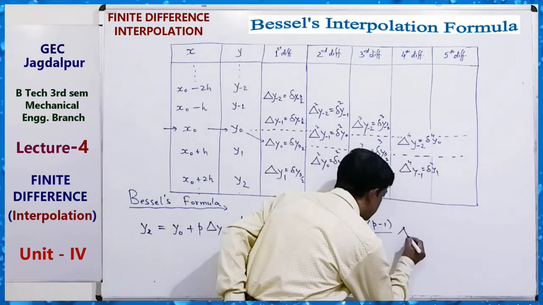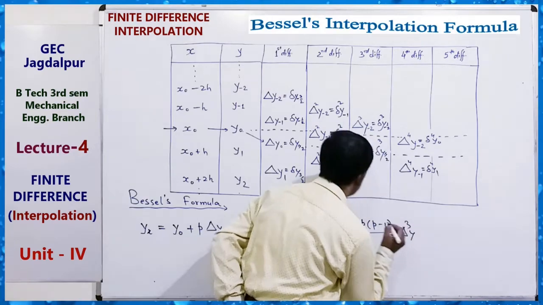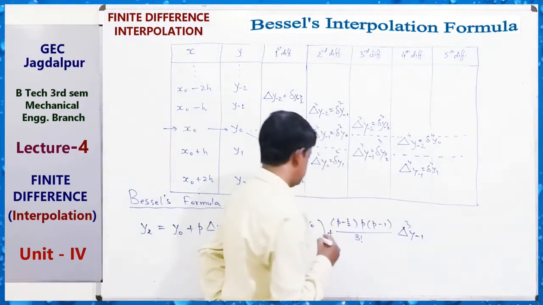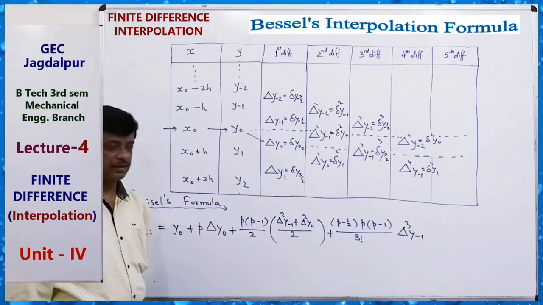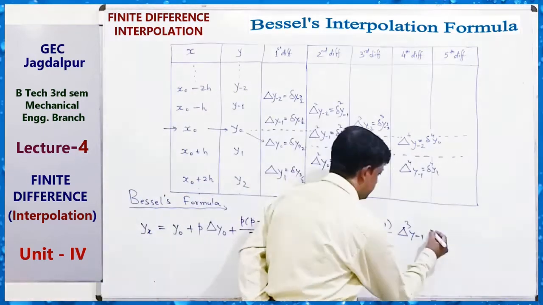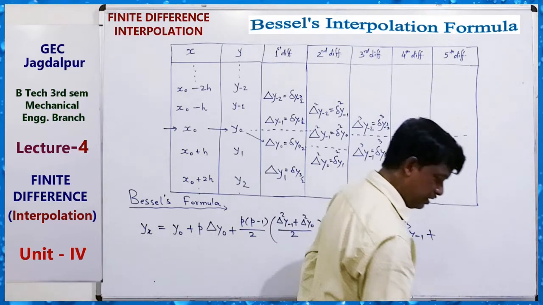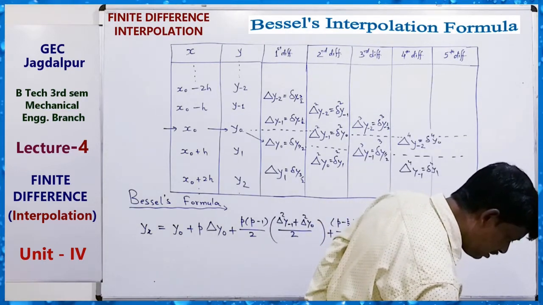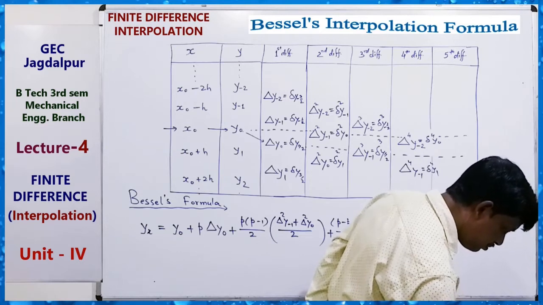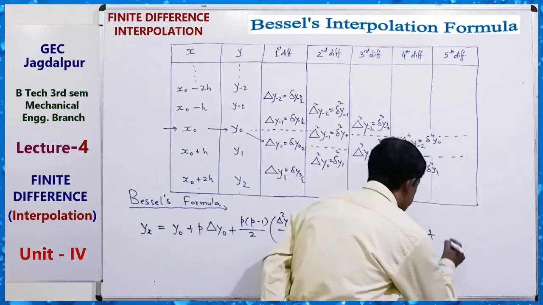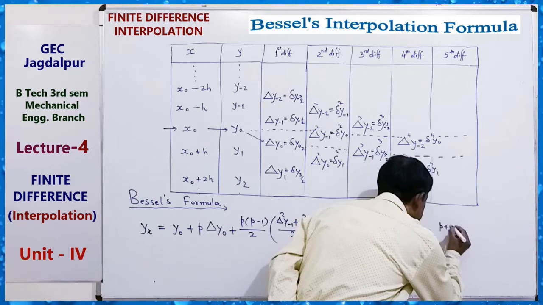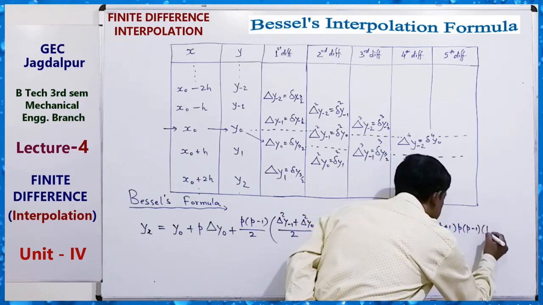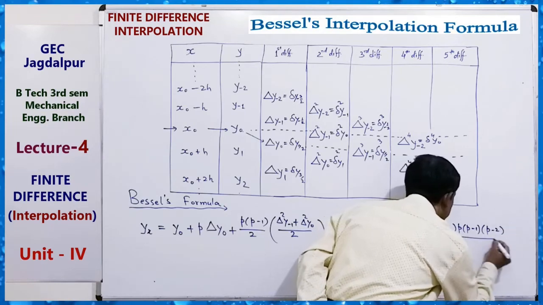Del cube y at minus 1. Clear? Now one more value for p plus 1, p, p minus 1, p minus 2 upon 4 factorial.